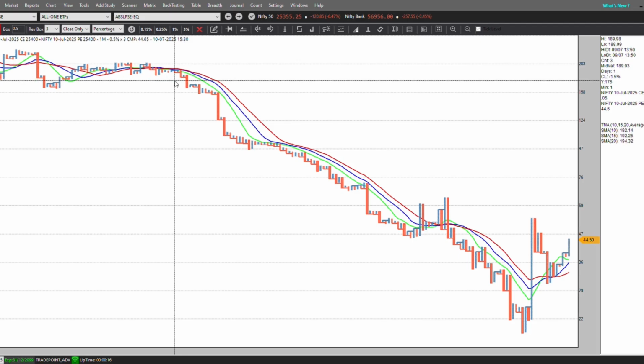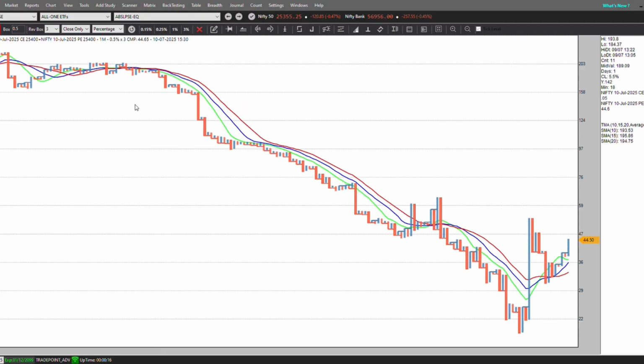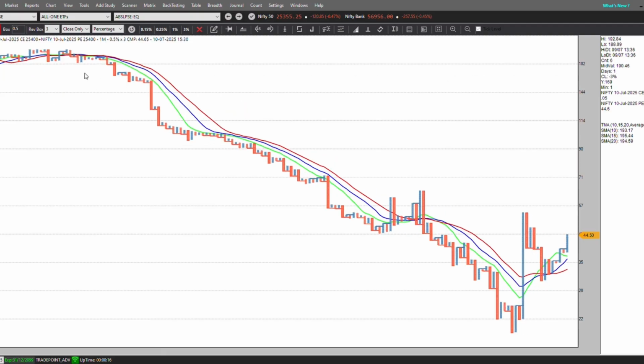You can see the dates here. On 9th July, at 12:55 we got a sell signal in this chart with a bearish anchor column.